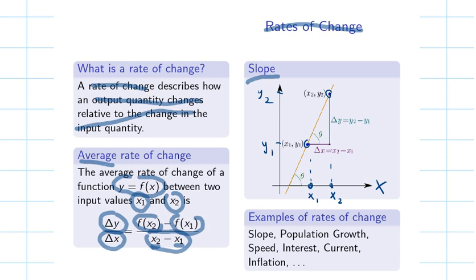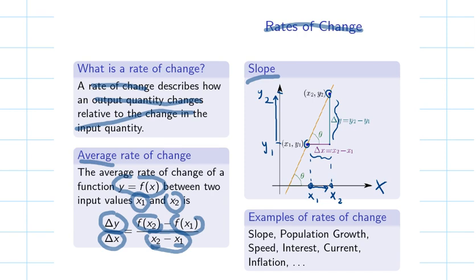And we want to know how much the x value changes. That's just going from x1 to x2. And we want to know how much the y value changes, going from y1 to y2, and we'll just take that ratio. The slope is delta y over delta x.